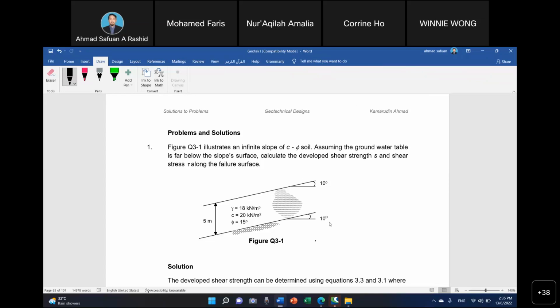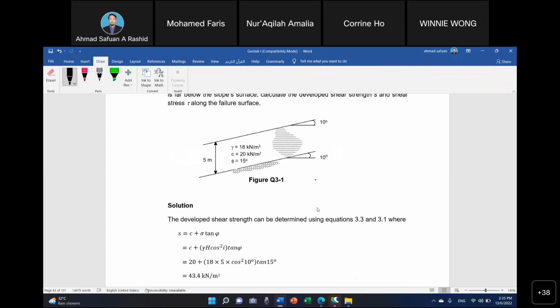In this case, we need to refer to equations 3.1 to 3.4, because it doesn't have any seepage. Then the values of gamma, C and phi are given. Then we have here i, which is the gradient of the slope, 10, then the height of the slope is equal to 5.